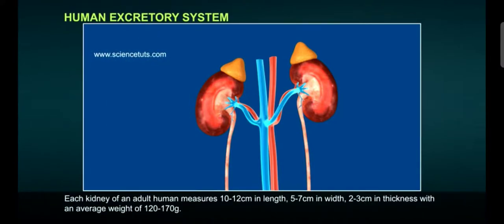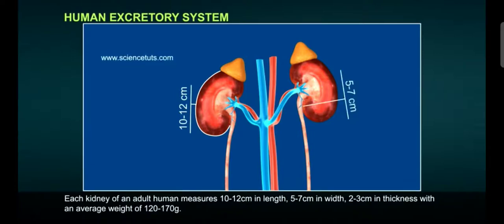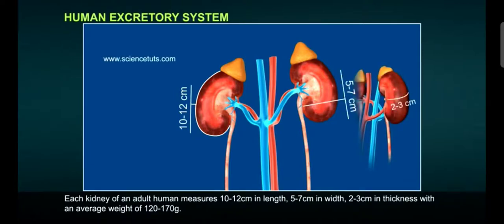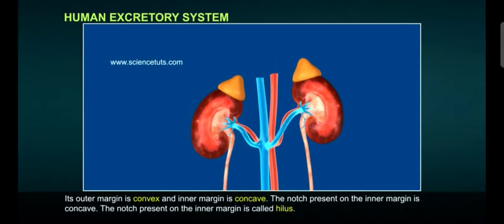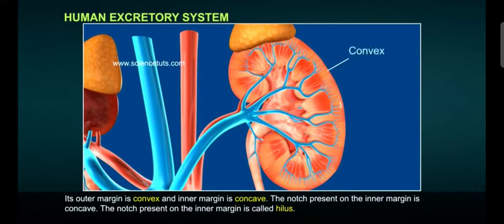Each kidney of an adult human measures 10 to 12 centimeters in length, 5 to 7 centimeters in width, 2 to 3 centimeters in thickness, with an average weight of 120 to 170 grams. Its outer margin is convex and inner margin is concave.